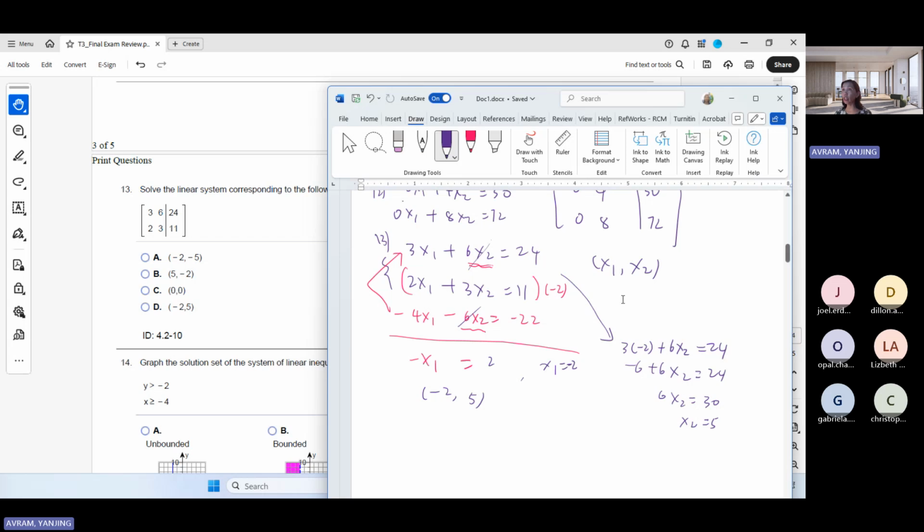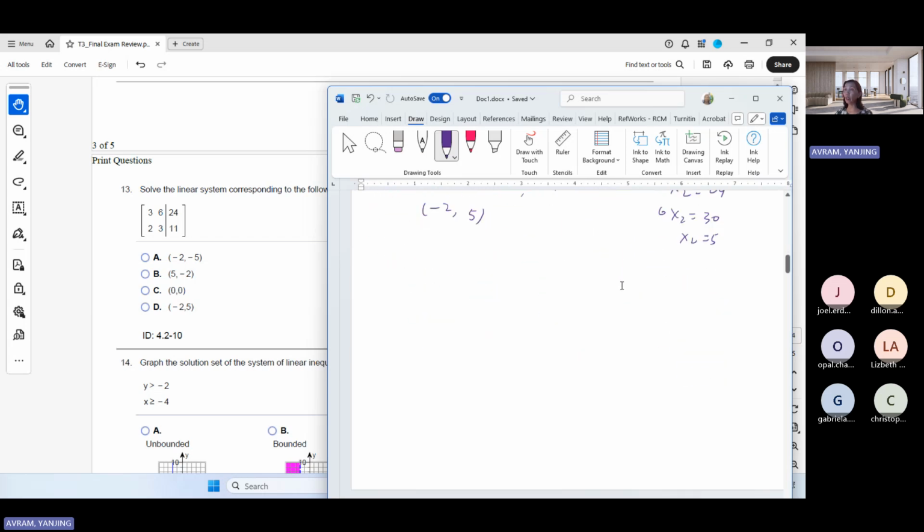You can also use row reduction, okay? So what is the row reduction? If I have this matrix 3, 11, all right, if I can simplify it into 1, 0, and then some answer A, and then 0, 1, and then answer B, right?